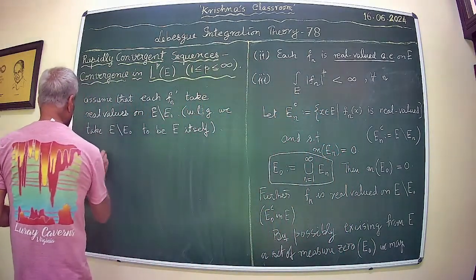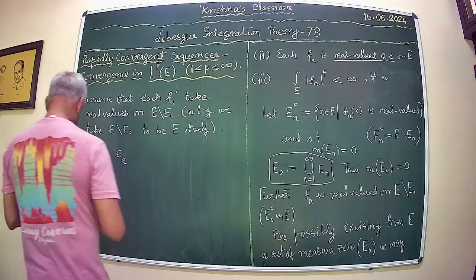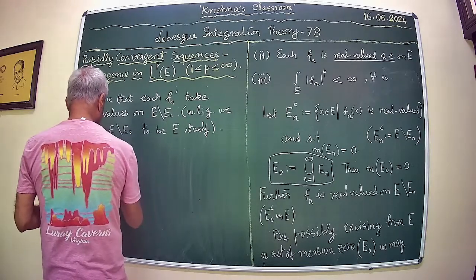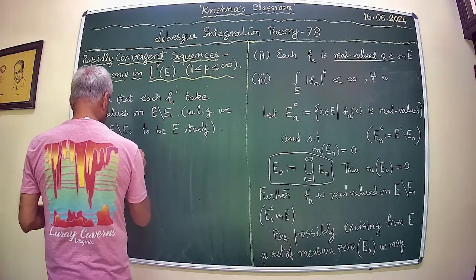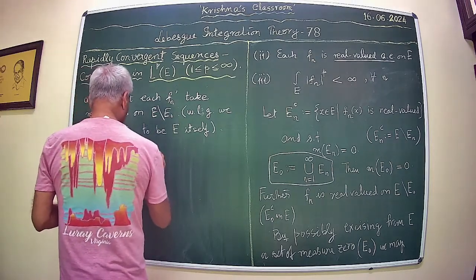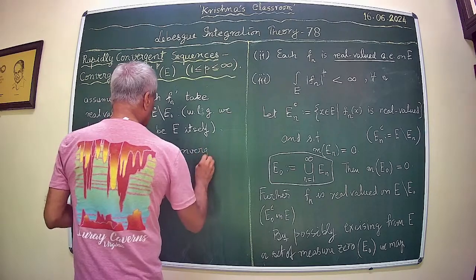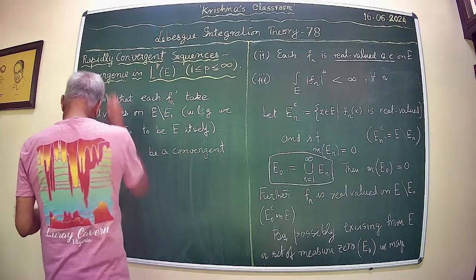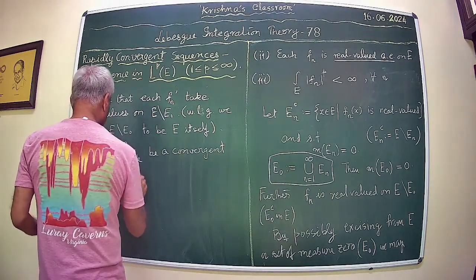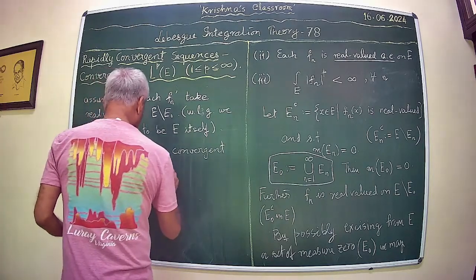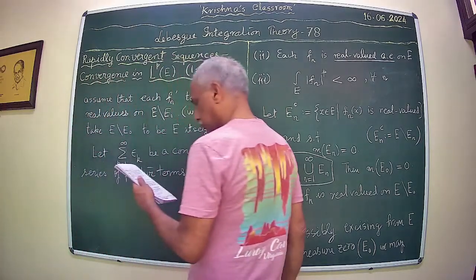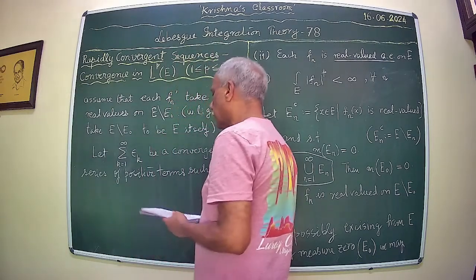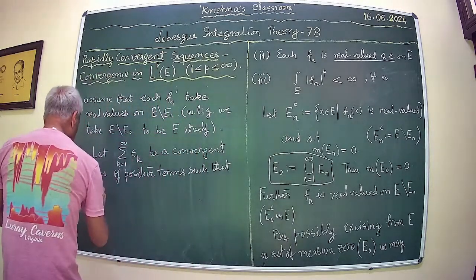So let there be a convergent series of positive values such that we apply the condition that it is rapidly Cauchy, such that norm of the difference is bounded.